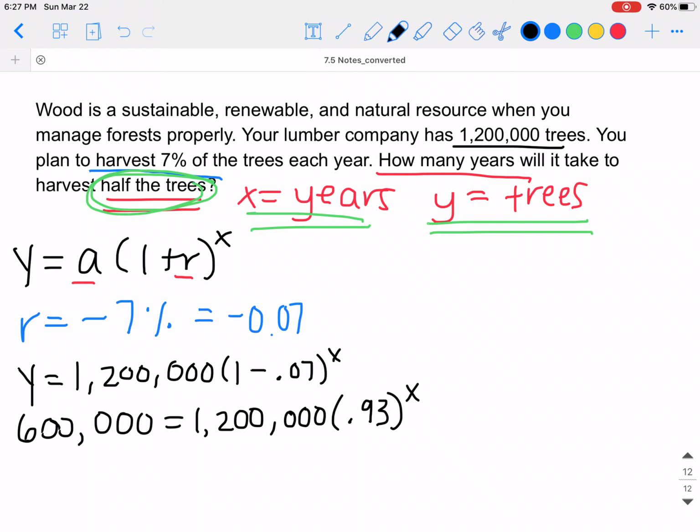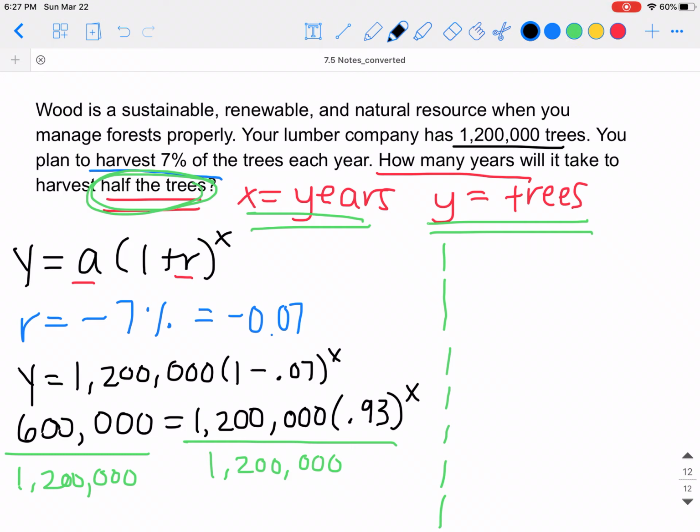So now we have an equation where we only have one unknown, which is x. To simplify it a little bit more, we can divide both sides by 1,200,000. When we divide, 600,000 divided by 1,200,000 gives us 0.5 equals 0.93 raised to the x power.